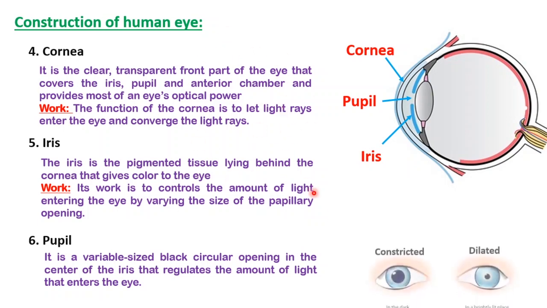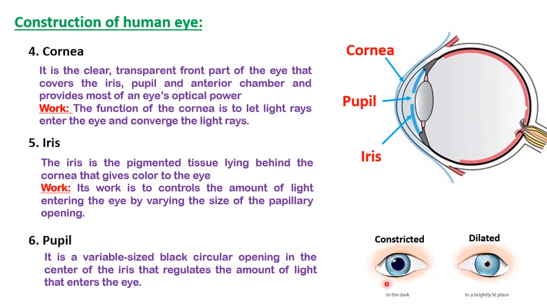Clear? So we have two states of the pupil: one is constricted and one is dilated. Whenever we go in the dark, there is low light, so the pupil is enlarged.